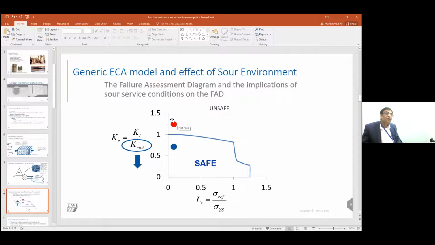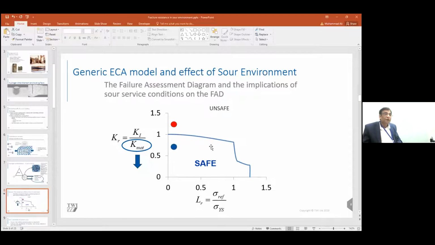For example, when we assess a crack in a component under applied loading, our assessment result can come up to a point which can either lie below this line or above this line. If it is below this line, it is called safe, and if it is above this line, it is called unsafe.